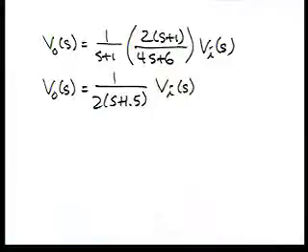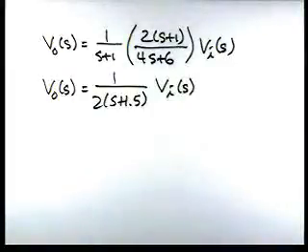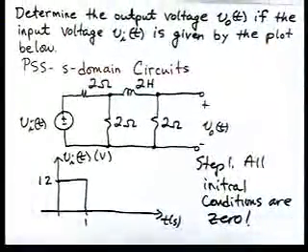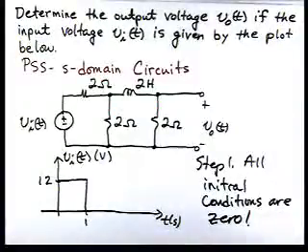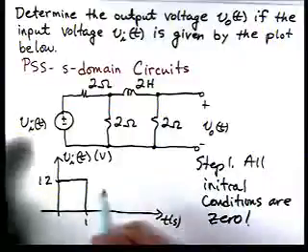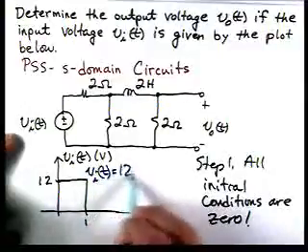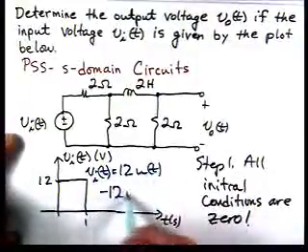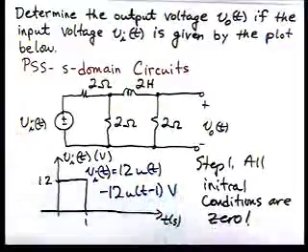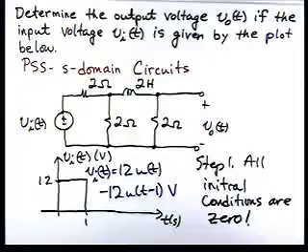Now we're ready to calculate V0, but we need the Laplace transform for our input signal. If we look at that plot, Vi of t can be written as 12 u of t minus 12 u of t minus 1 volts. So there's a description of Vi of t.